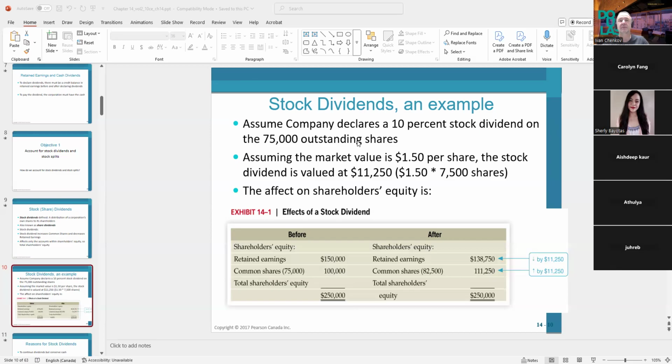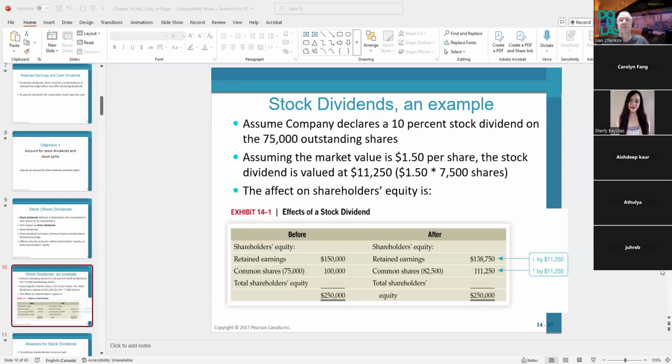That's going to give us 75,000 times $1.50, which is 112,500, the total market value of the shares. We're going to give them only a 10% stock dividend, so the amount that we're getting times 0.10.